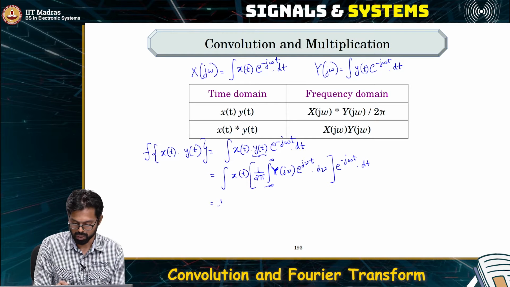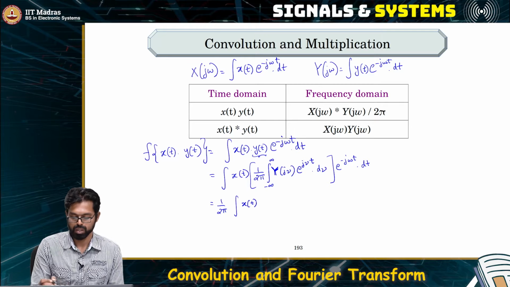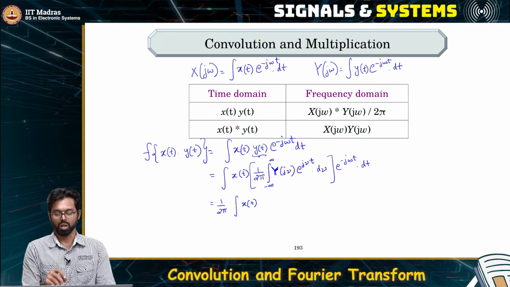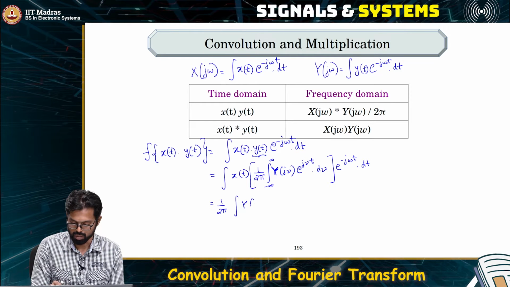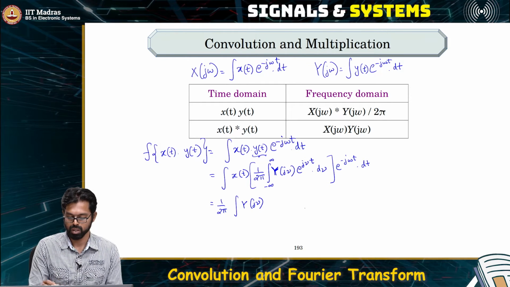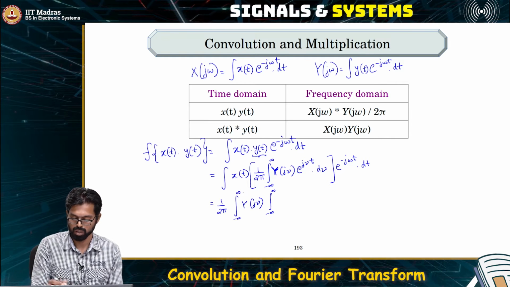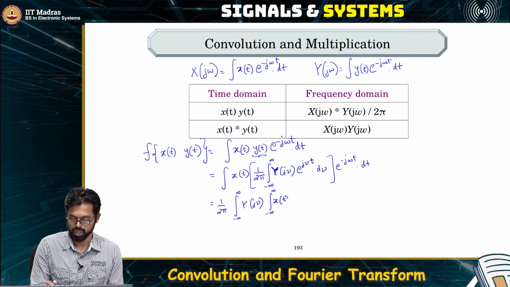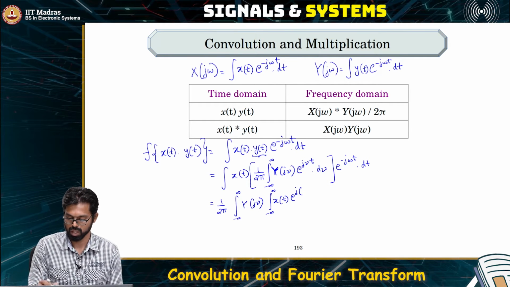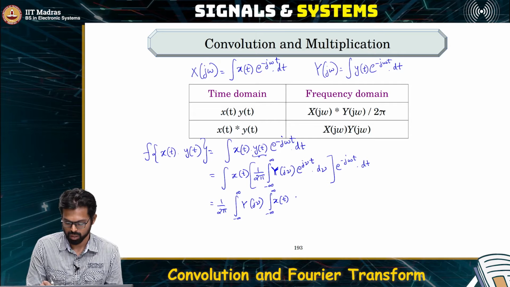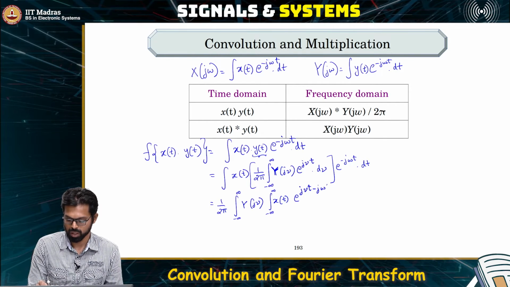So we'll bring this 1 by 2 pi outside, it's just a constant. As usual, what are we going to do? We are just going to change the order of integration. If we change the order of integration, then we can have y of j nu here and the integral from minus infinity to infinity of x of t e power j nu t minus j omega t.